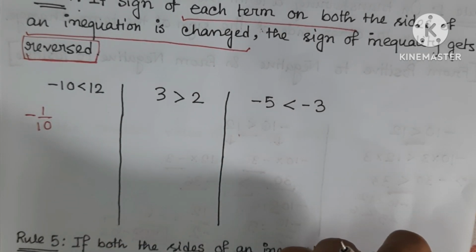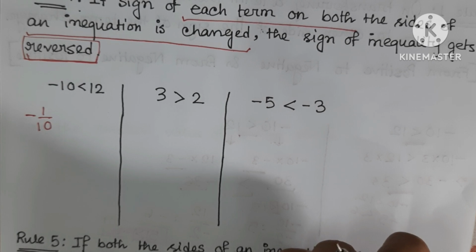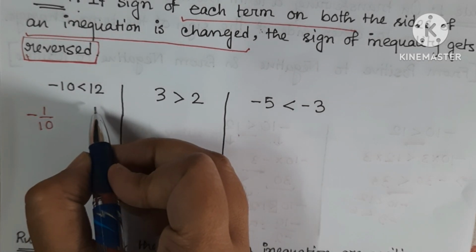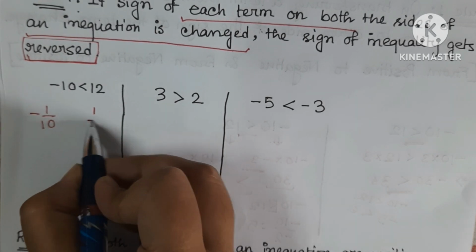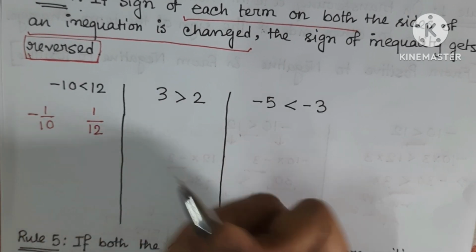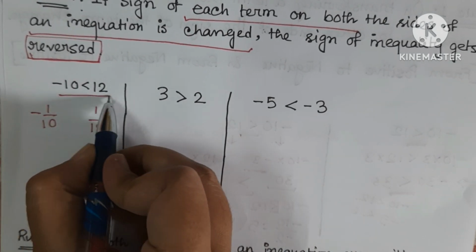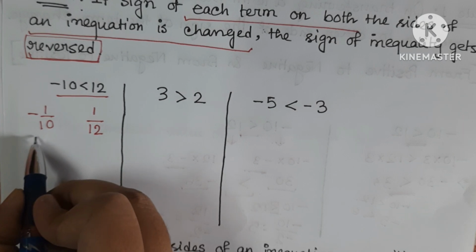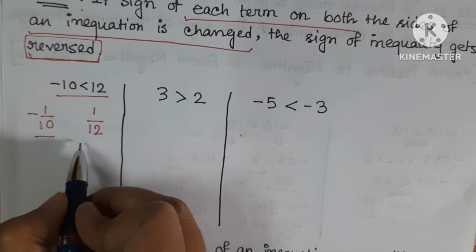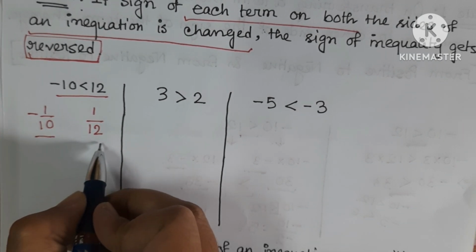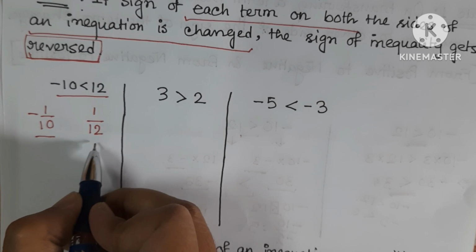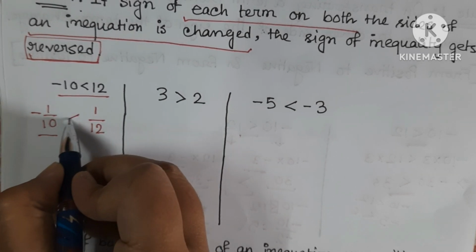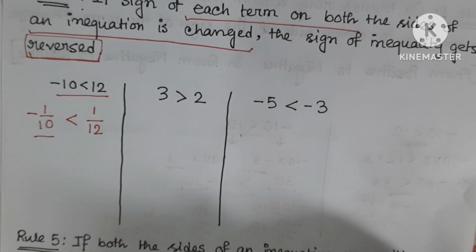If you take the reciprocal of minus 10, it will be minus 1 by 10, and if you take the reciprocal of 12, it will become 1 by 12. Now in that case, minus 1 by 10 is less than 1 by 12, right? So the symbol will remain the same.